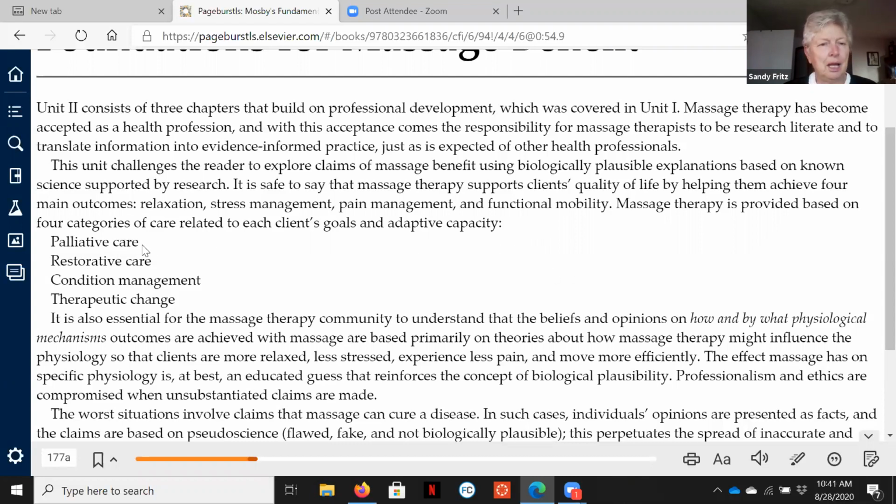So with restorative massage, what we're trying to do is go, okay, this is where the person started in their capacity this day, this week, this month. And these are the activities or the issues that they had to use resources for.